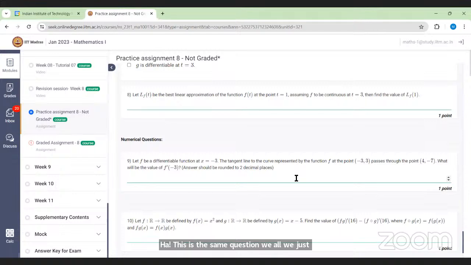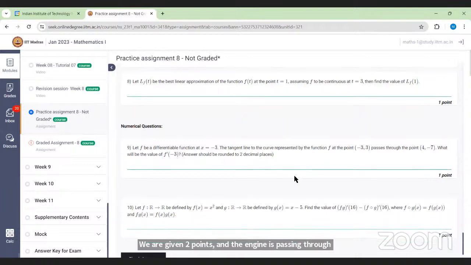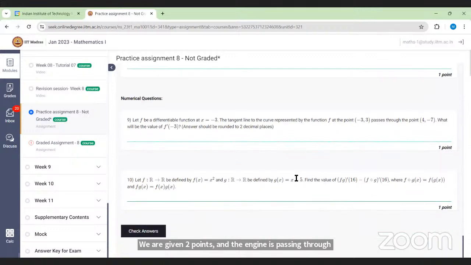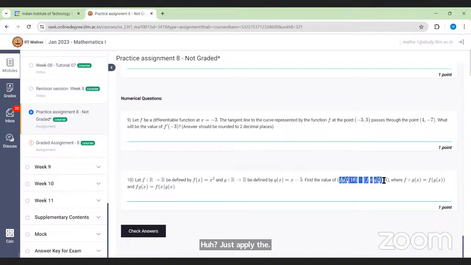We are given 2 points and the tangent is passing through those points, so we can find out f dash of minus 3. Question number 10. Just apply the chain rule to find the derivative of the composite function. Do you want me to solve these questions or will the hint be enough? No, the hint will be enough.